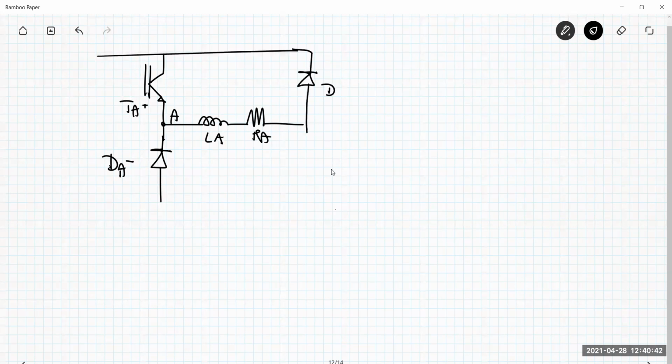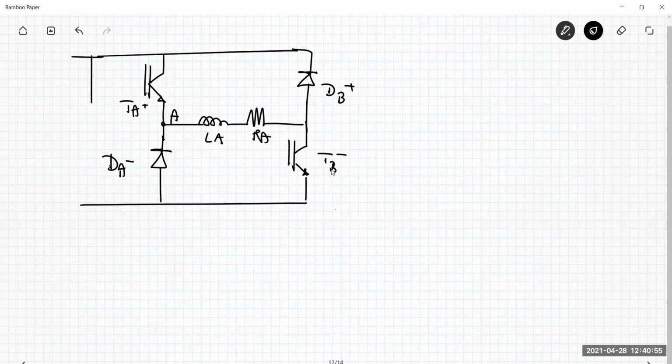Then I have the diode dB plus, and here we have the transistor TB minus. Then we have the capacitor and the voltage VD. Remember the circuit? We have already seen this circuit. We call this circuit asymmetrical, sorry, chopper.